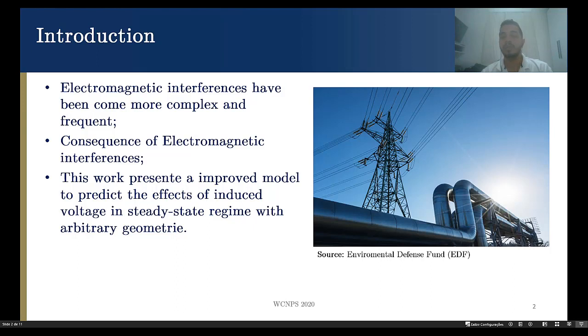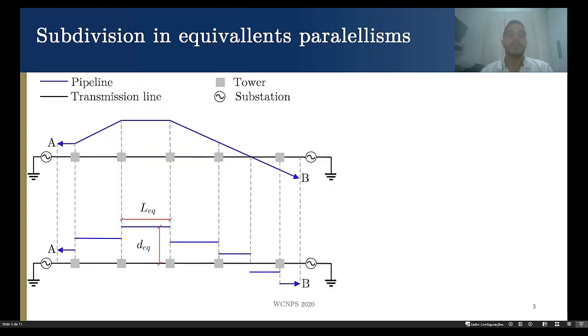However, these studies use simple geometries composed only of parallelisms or only of crossings. In real cases, source and target circuits sharing the same right-of-way are not completely parallel, since there may be obliquities and crossings between the facilities.